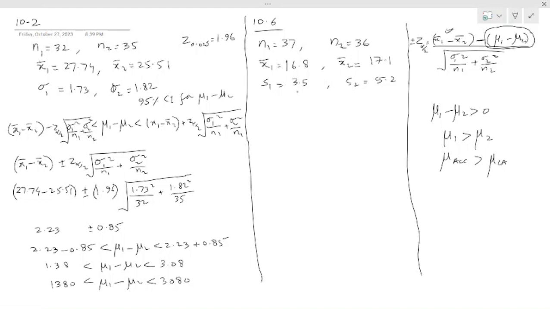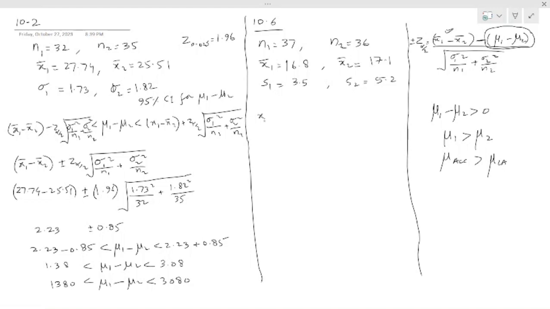With the sample standard deviations this time given here, you can take notice of that. 3.5 pounds is the standard deviation of the weight loss by the first group, and the standard deviation is 5.2 pounds for the weight loss of the second group.